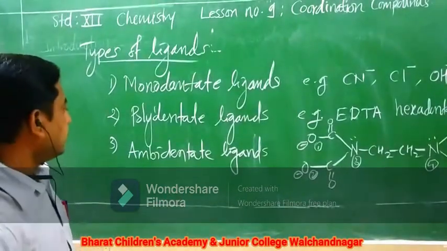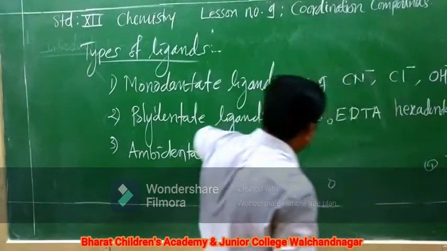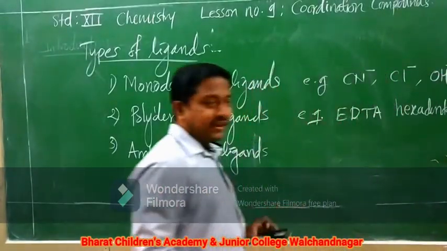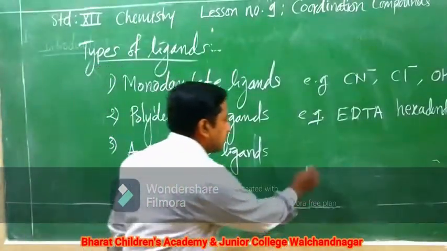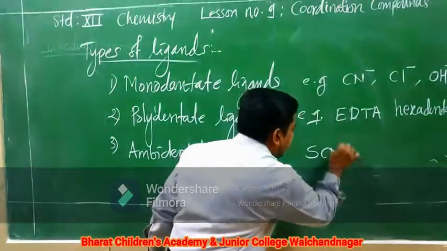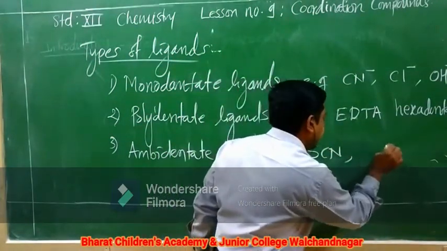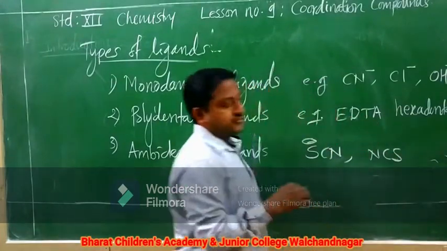And let us see the example of an ambidentate ligand. Let us go for the meaning in the beginning and then we'll go for the example. In case of the ambidentate ligand, this is one of the good examples where the sulfur as well as the nitrogen can act as donors this way.